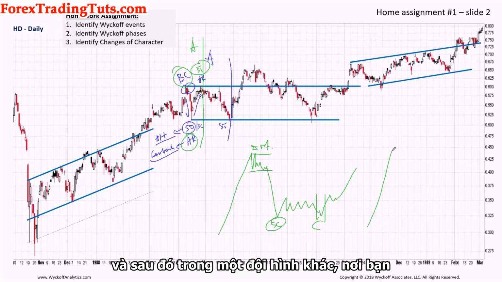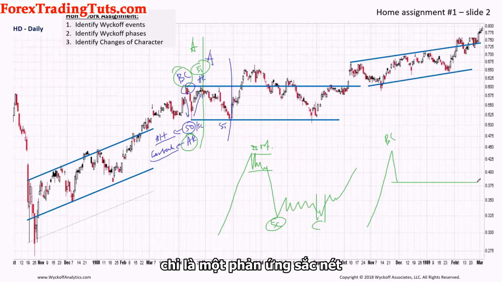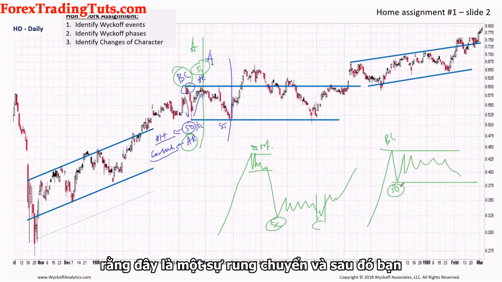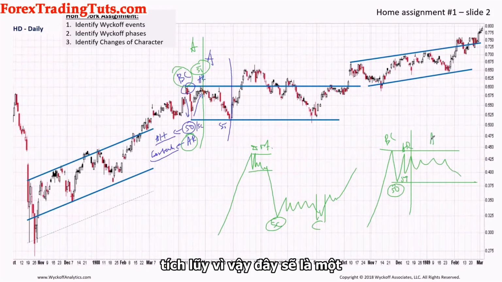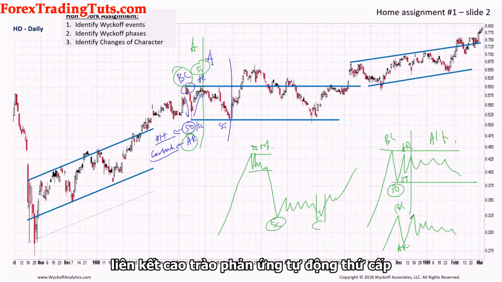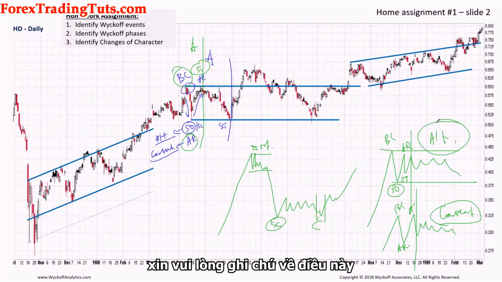And then in another formation where you have a buying climax and then you have just a sharp reaction that defines the boundary of the range, then you could in some instances say that this is a shakeout, and then you start over as just a regular accumulation. So this will be an alternative labeling, and buying climax, automatic reaction, secondary test, this would be conventional. Please take notes of this, because this question repeats itself.